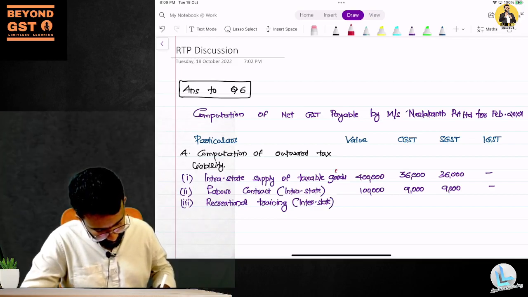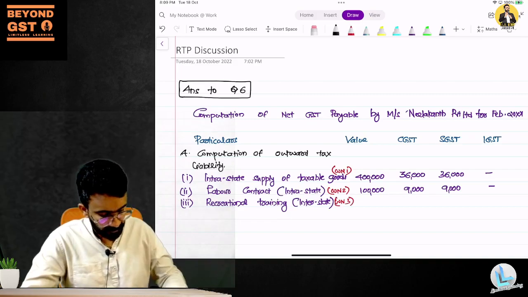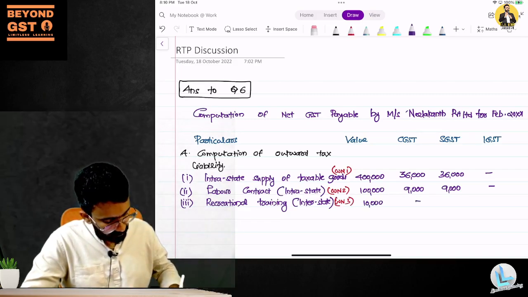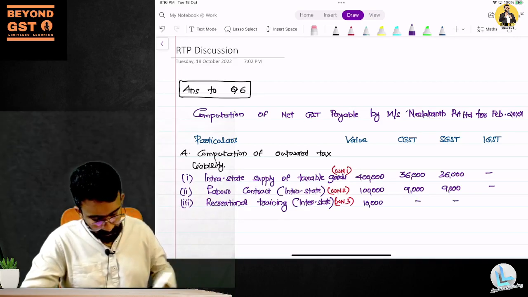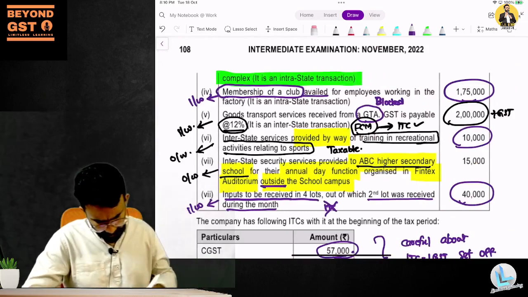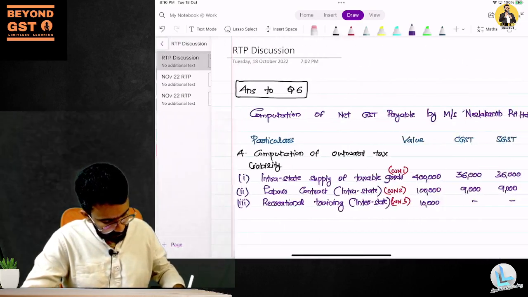This is working note number 1. This is working note number 2. This is working note number 3. Value is 10,000, right? Yes. So how much will that be? 1,800.